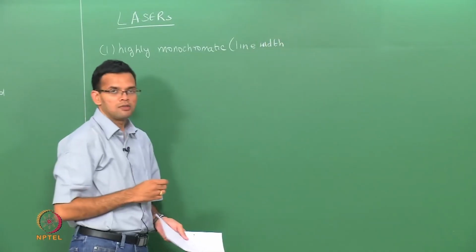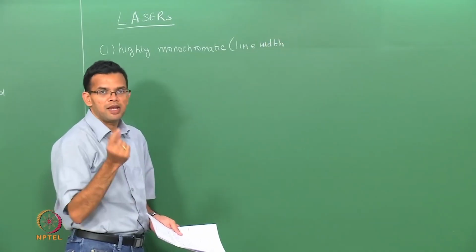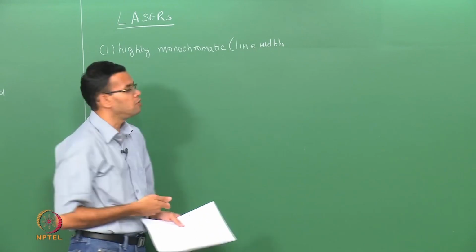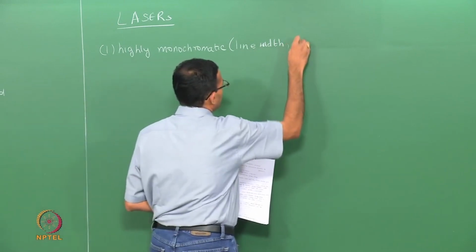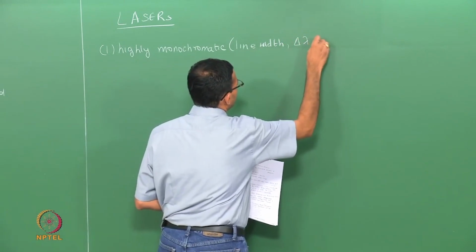Last class we saw that the line width is nothing but the spread in the wavelength of the output radiation, that is delta lambda, and this line width is very small.